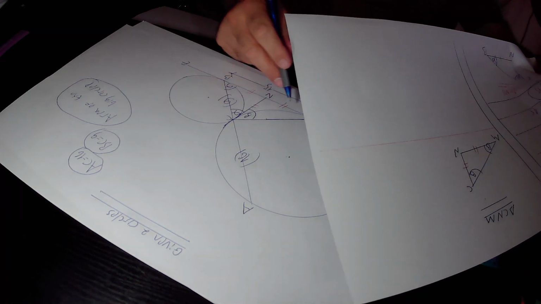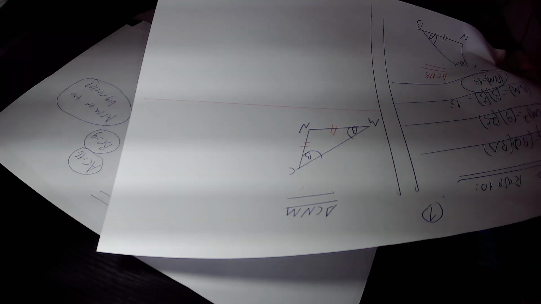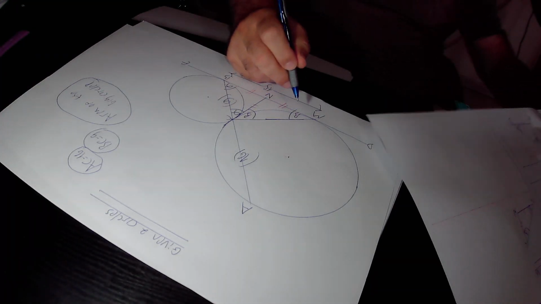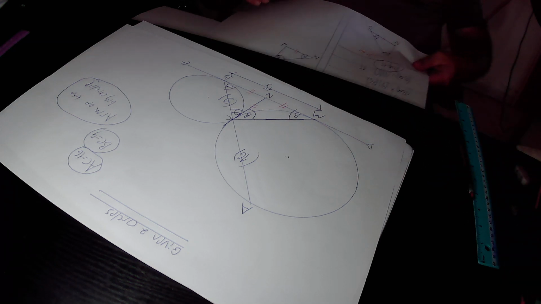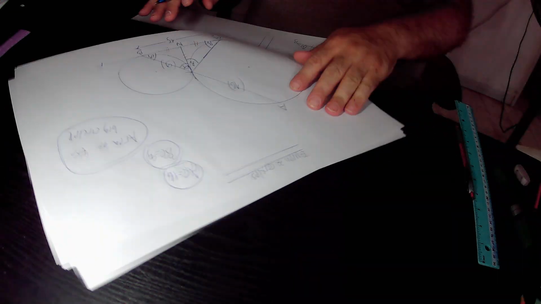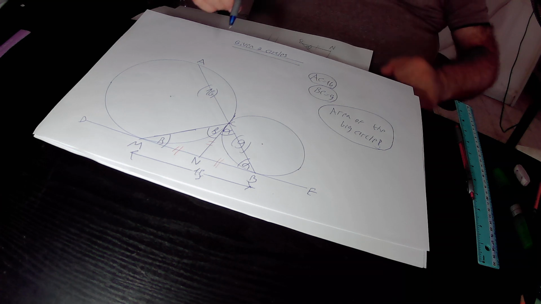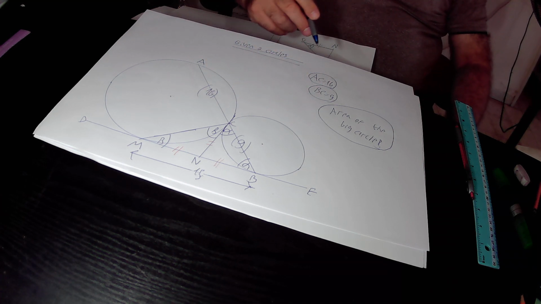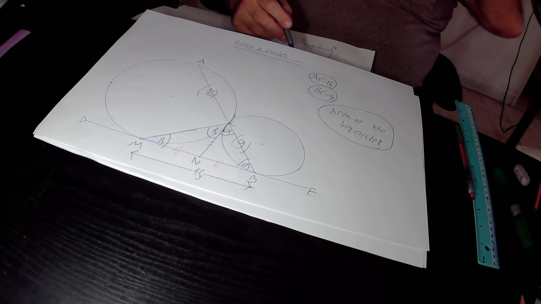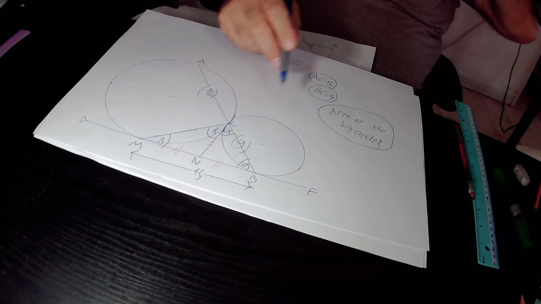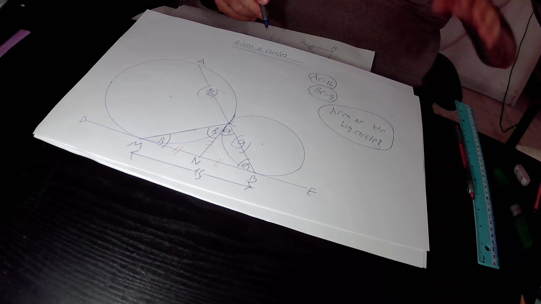And angle CMN also equals beta. In the next step, I'll copy the big triangle MCB in a new page and we analyze this big triangle MCB.